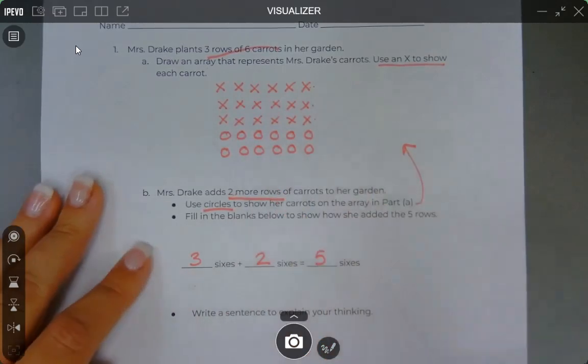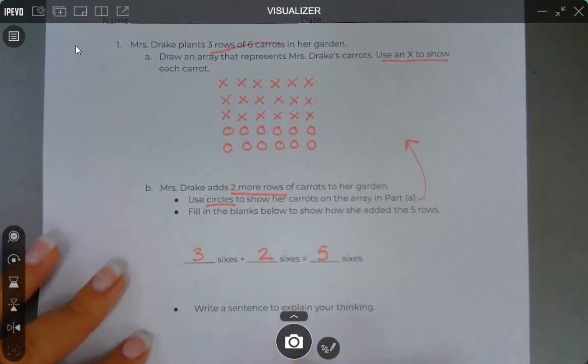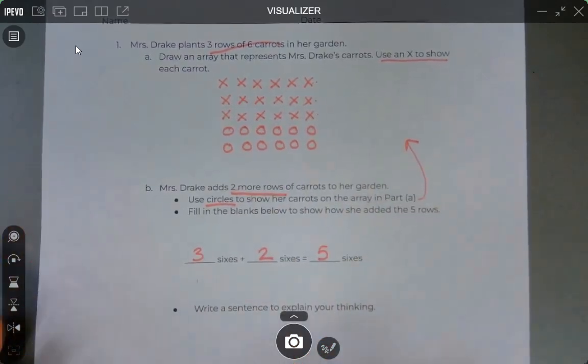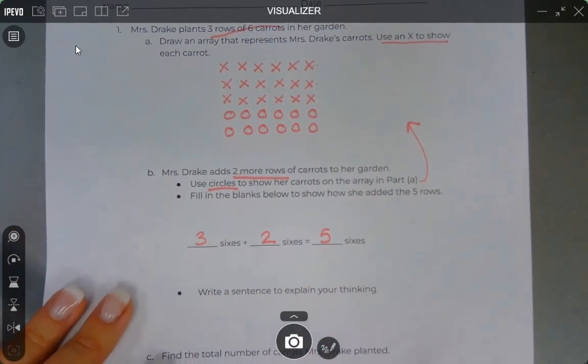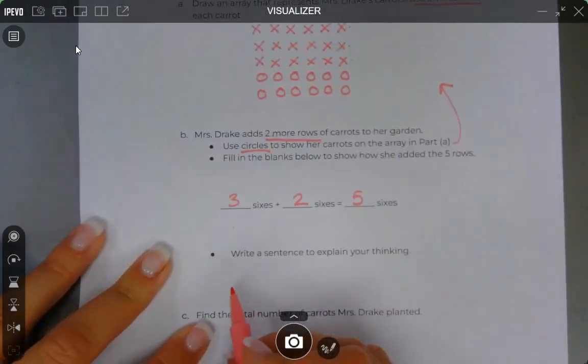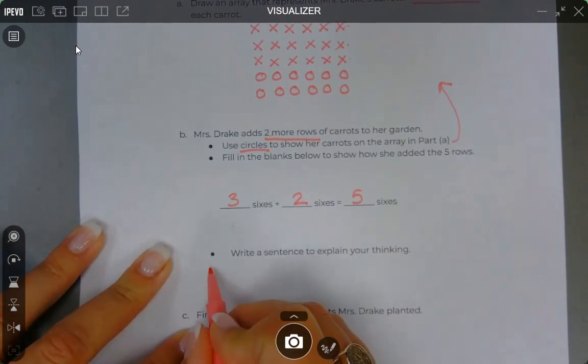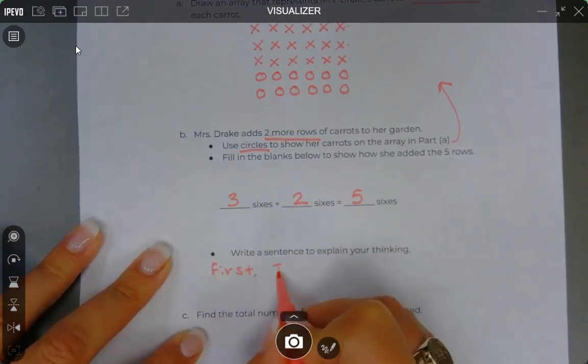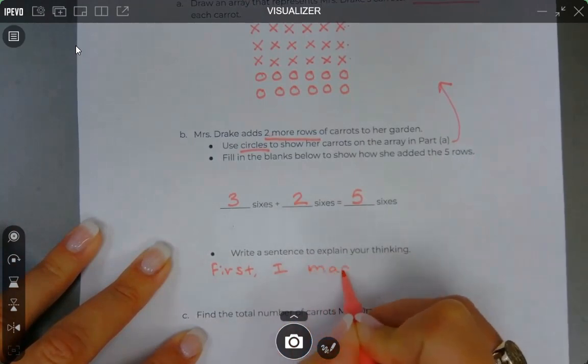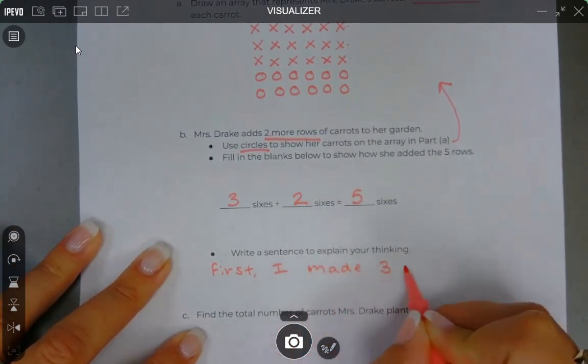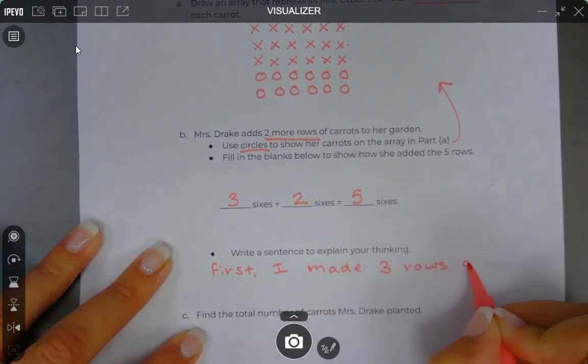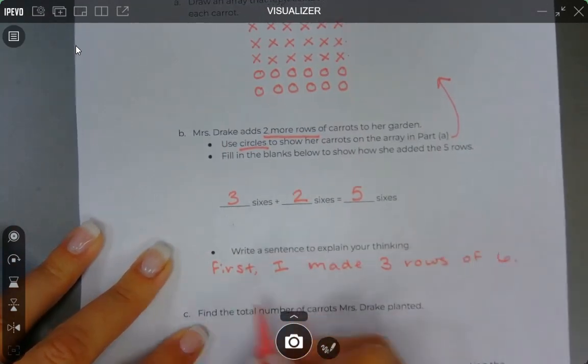It says write a sentence to explain your thinking. What kind of sentence could I write here? Well, I'm going to say, first, I made 3 rows of 6.